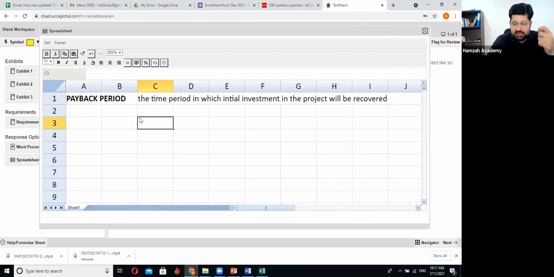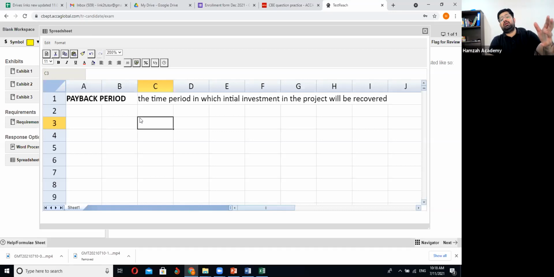So we need to calculate it. Students, why do we need to calculate it? One reason I told you, it is a concern. The second point is, I am going to invest 5 million in a project. I don't have money, so I need to borrow from the bank, and the bank is giving me a 5-year loan.